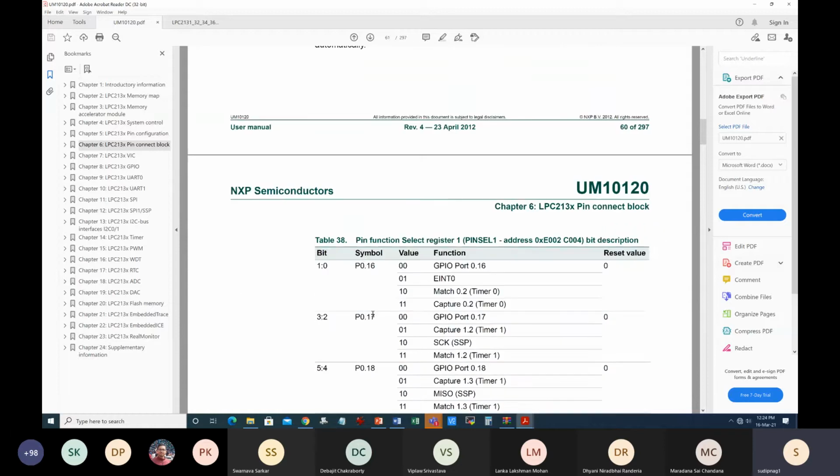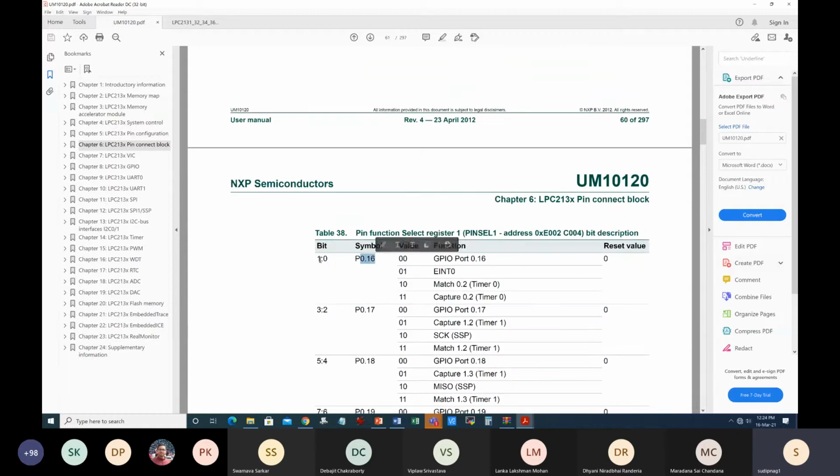So here bit 1 and bit 0 represent the function select for port 0.16. Again, there are 4 options that you can consider, and you have to write the required value to this pin cell before configuring. Now, if I want to use a pin as GPIO, obviously I have to write 0, 0.